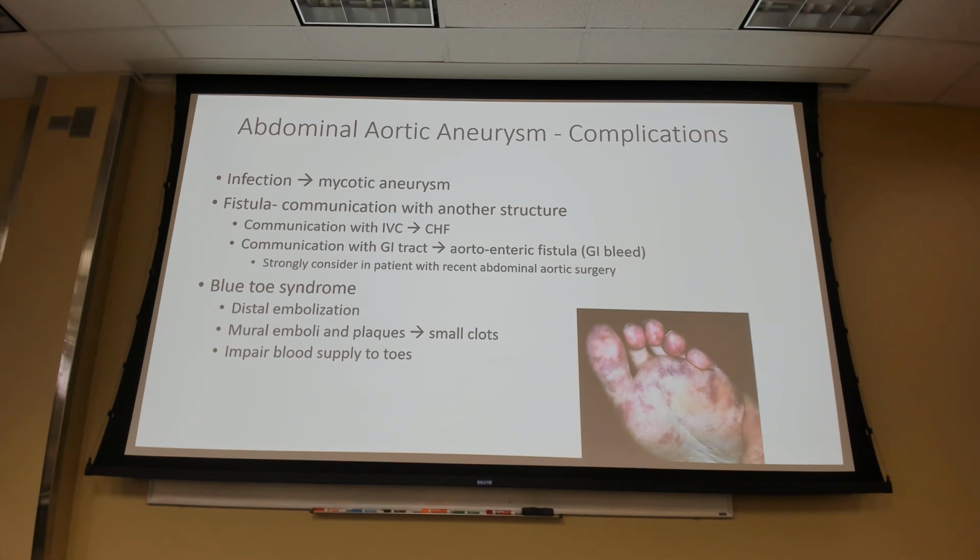And then we have what we call blue toe syndrome. This is basically microemboli getting thrown down the aorta and becoming lodged in one of the digital arteries. Then you have this cyanotic looking digit. They'll usually have pain with it.